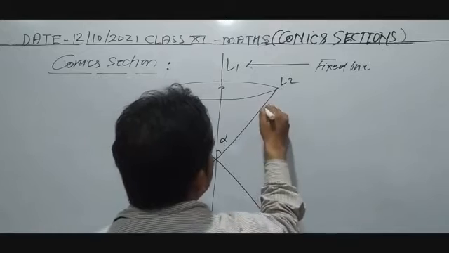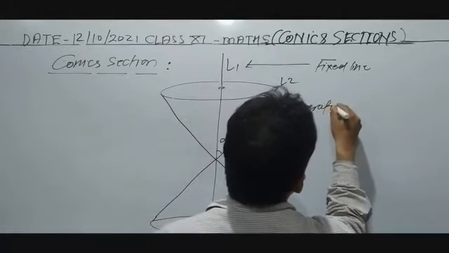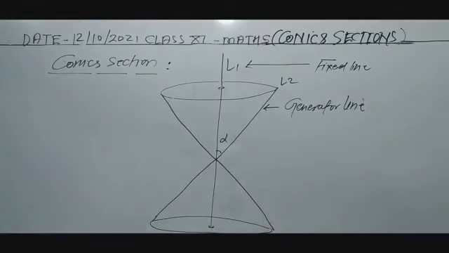And the line L2 is known as the generator line through which the cone is obtained.